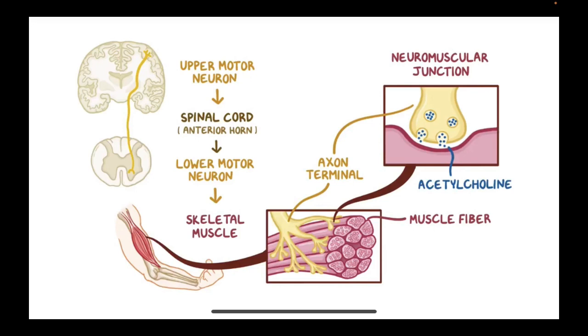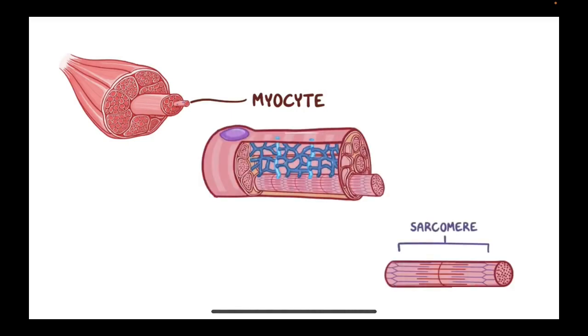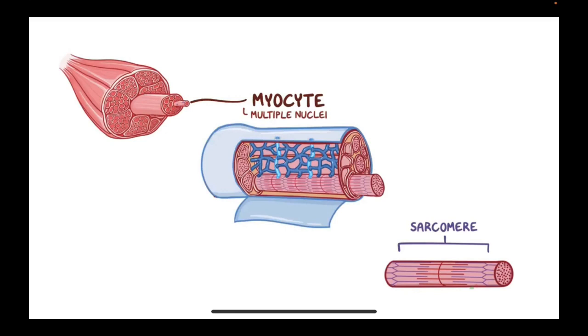Now, before we continue with the actual events that happen during a contraction, let's focus on a typical muscle cell, or myocyte. Myo is muscle, cyte is cell, and its functional unit is the sarcomere. A myocyte is a long cylindrical cell with multiple nuclei located just below the sarcolemma, which is the cell membrane.